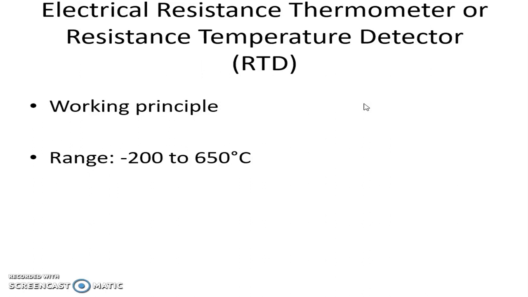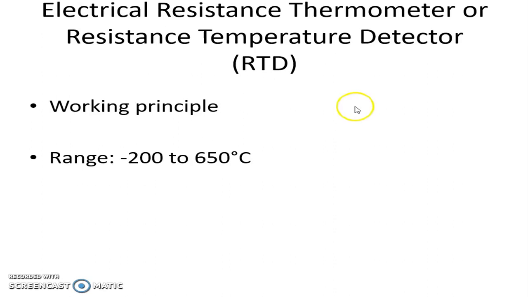So we know that in most metals, as the temperature of the metal increases, its resistance also increases, and that increase in the resistance of the metal is directly proportional to the increase in the temperature. Therefore that increase in the resistance is measured, which gives the value of the increase in the temperature.